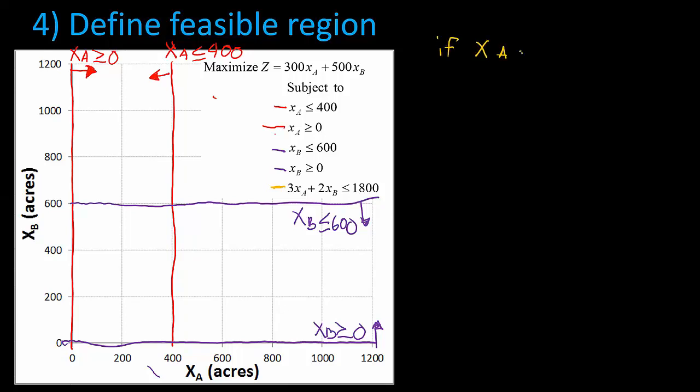Let's say XA is equal to 0. If XA is at 0, where will it cross the y-axis?